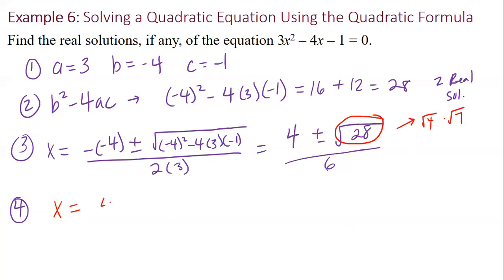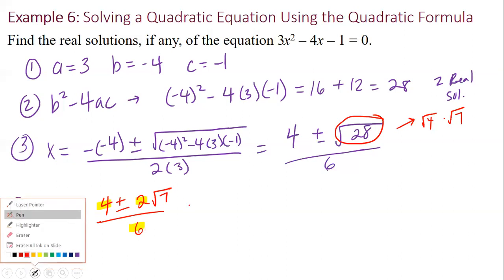So x equals 4 plus or minus, what's the square root of 4? 2. Does 7 have one? Nope. Divided by 6. Can I keep simplifying? Yeah, I can. My constants and my coefficient are all divisible by 2.